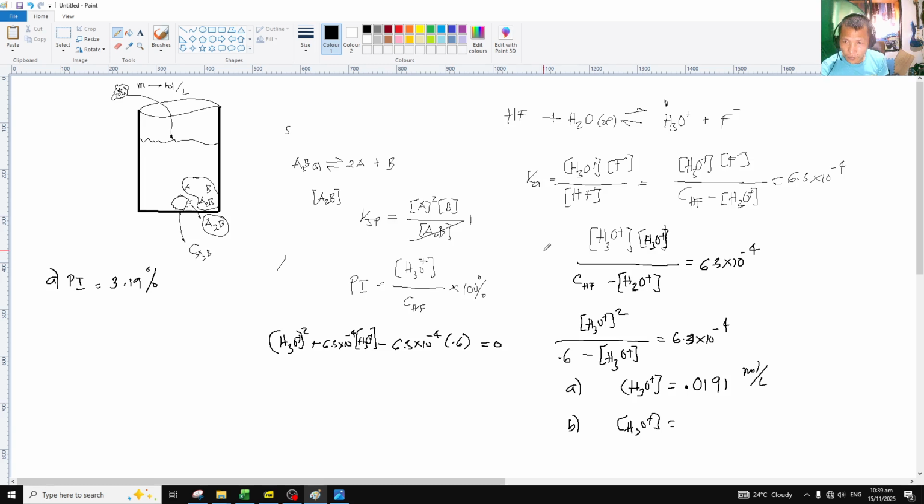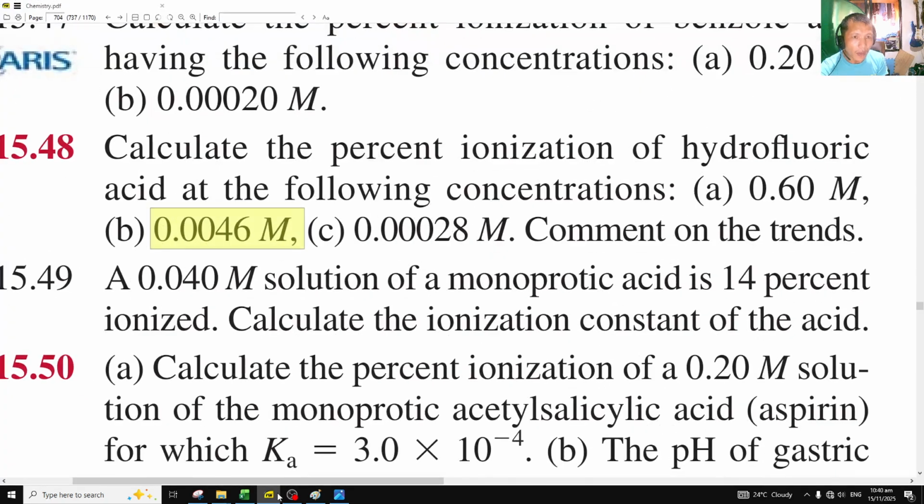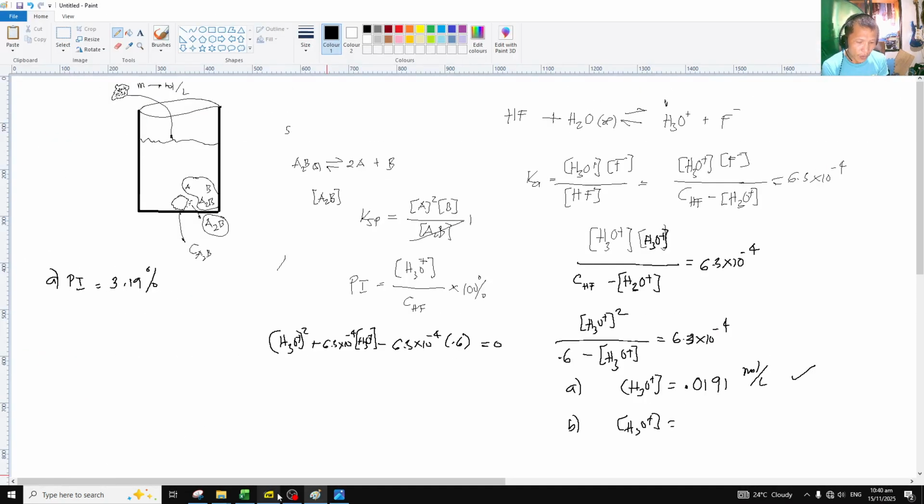Check. Next is 0.1. For letter B, you have 0.0046 times 6.3 exponent negative 4, and it will have the positive root.